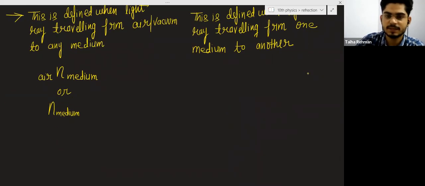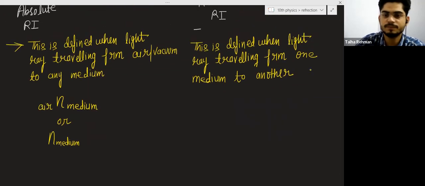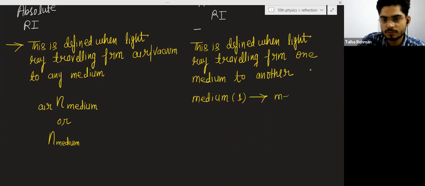And this is represented by, suppose the light is traveling from medium 1 to medium 2. So you will write this refractive index here, you will write medium 1, medium 2.